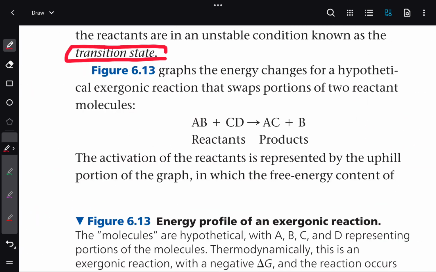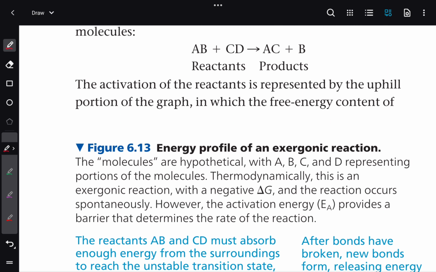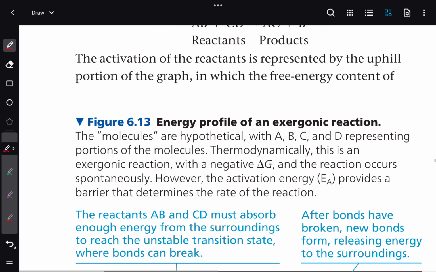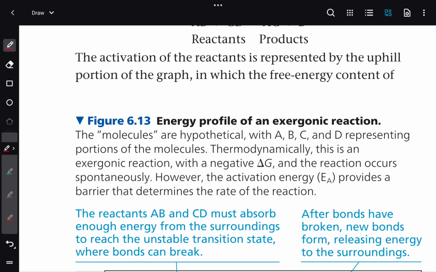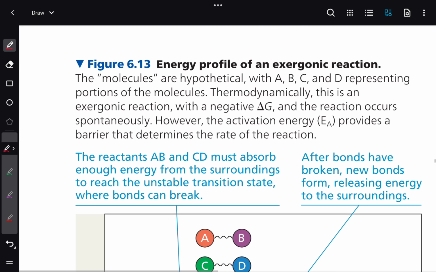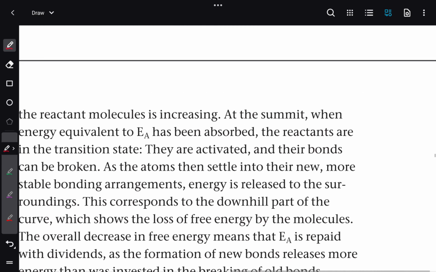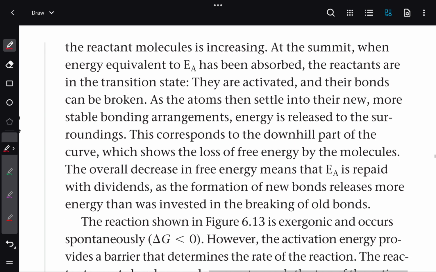Anyway, let's go for more specifics. The graphs are the energy changes for a hypothetical exergonic reaction. The activation of the reactants is represented by the uphill portion of the graph, in which the free energy content of the reactant molecules is, it's too many words.